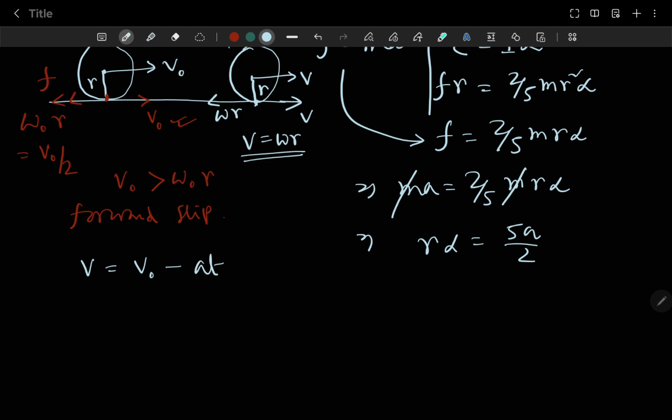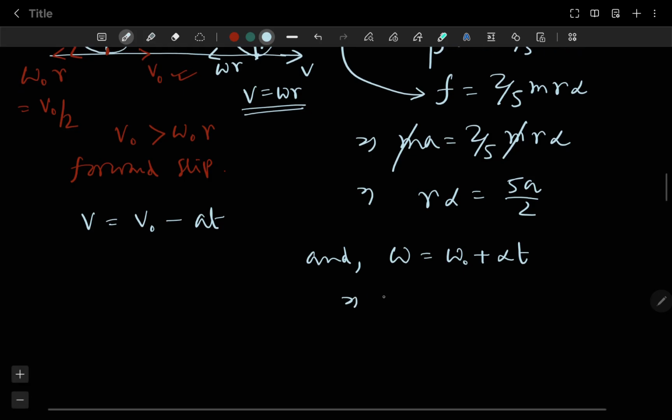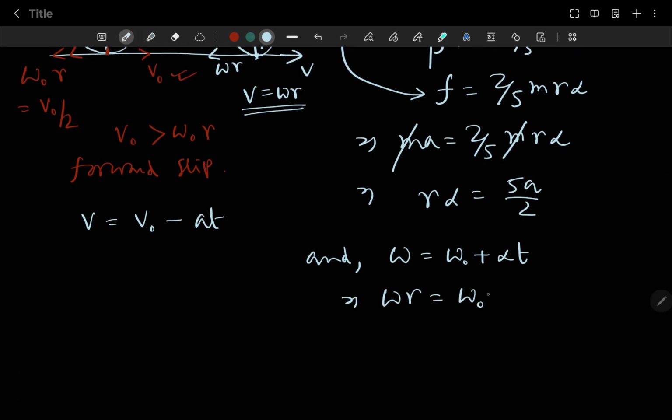Okay, and we will write angular acceleration. So it will be omega equals omega 0 plus alpha t. If I multiply both sides by r, it becomes omega r equals omega 0 r plus alpha r t.